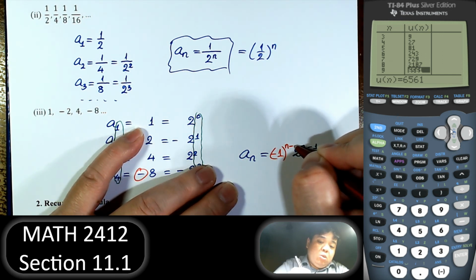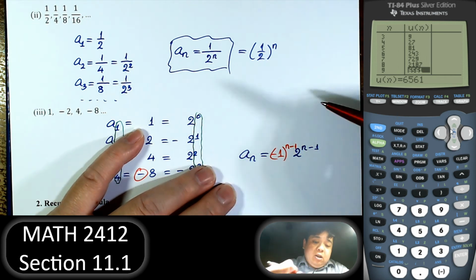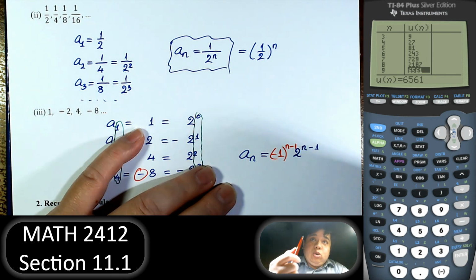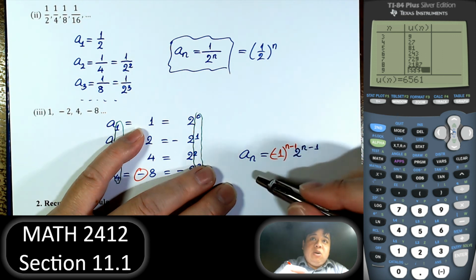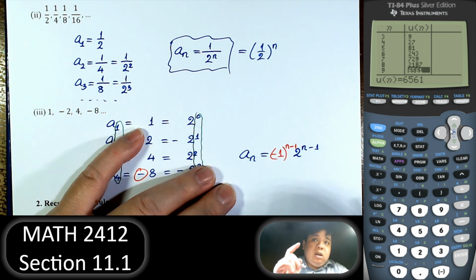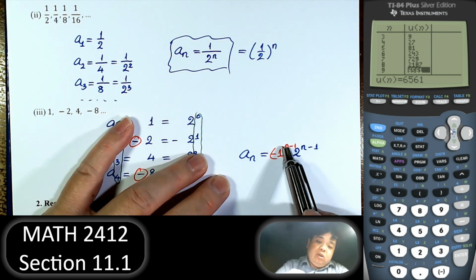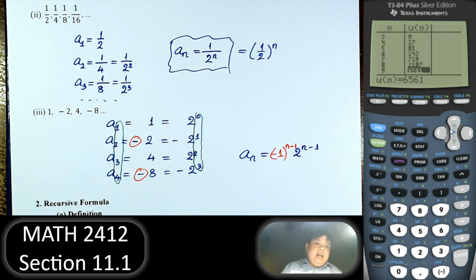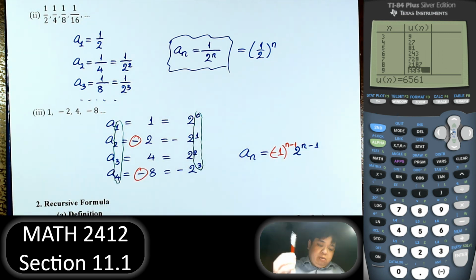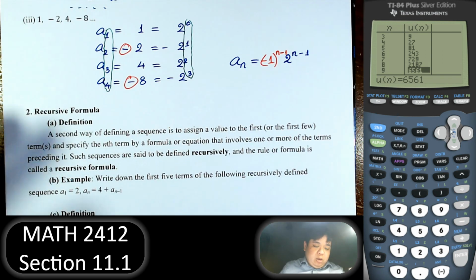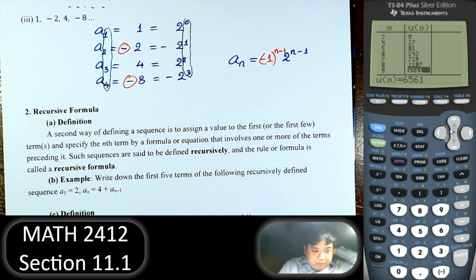I could do +1 or I could do -1. Because in that case, the first term with n equal to 1, 1 minus 1 is 0, -1 to 0 power is 1. So to guarantee the first term positive, we have to use the -1 to n minus 1. And that gives us the formula for that sequence.